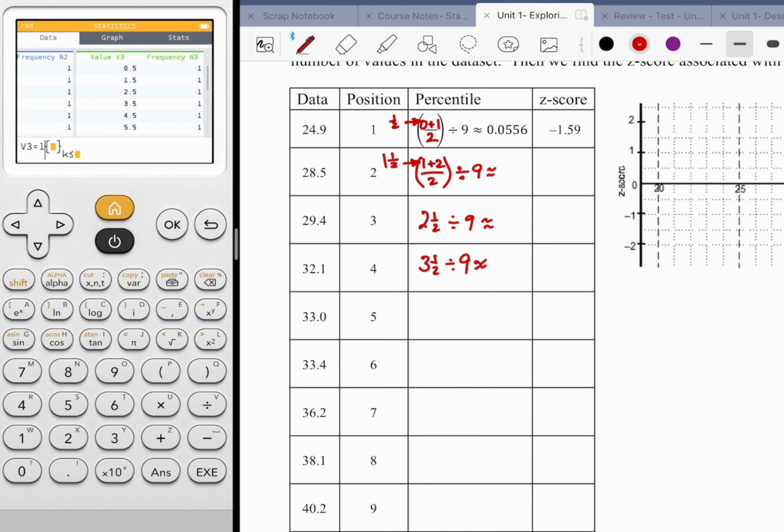So 1/9, parentheses, 1/9. Okay, that's not working. We'll do it after. Times 1/9. 17th time is the charm.